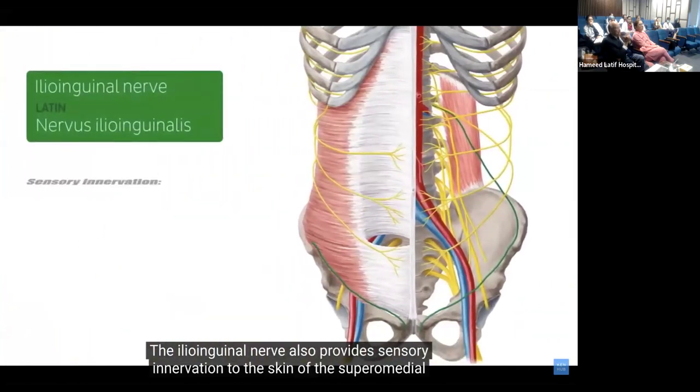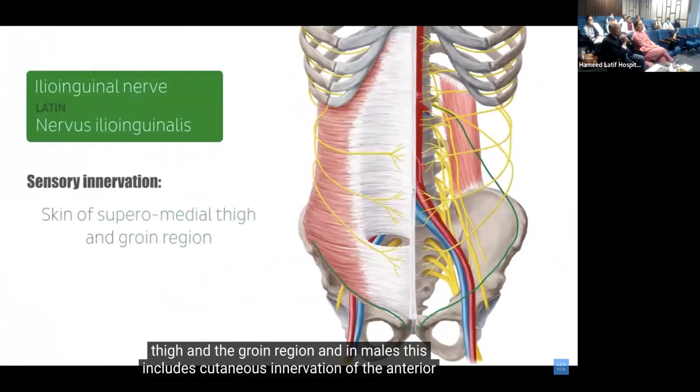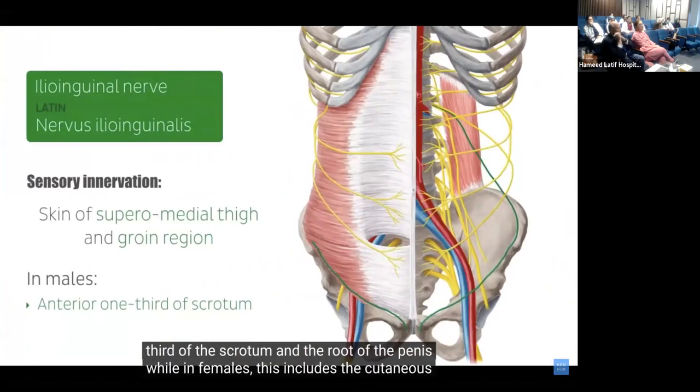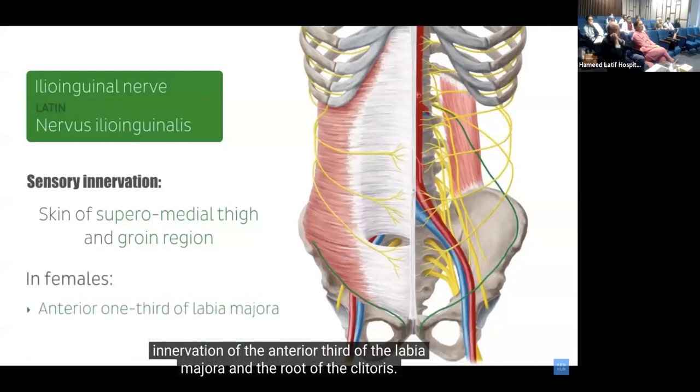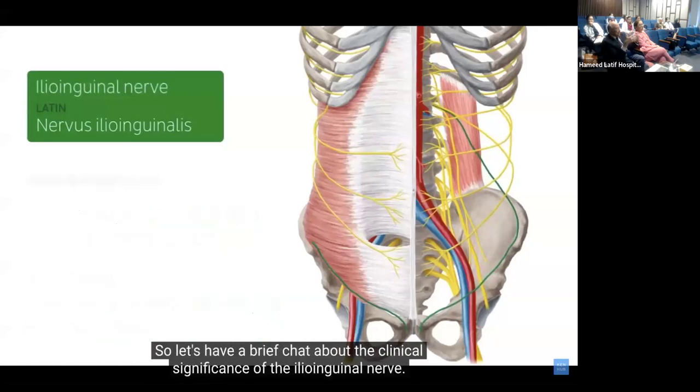And there are also sensory nerves for the skin of the superior medial thigh and groin, and in males, the anterior 1/3 of the scrotum. In females, the anterior 1/3 of the labia majora and clitoris. So their sensory and motor functions are important.